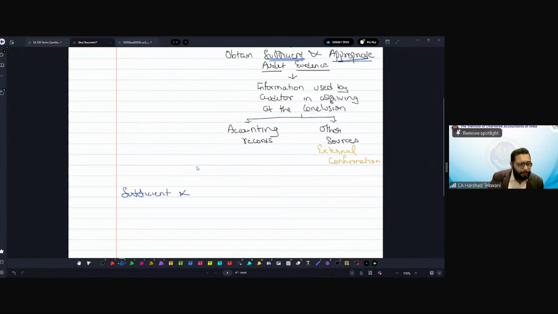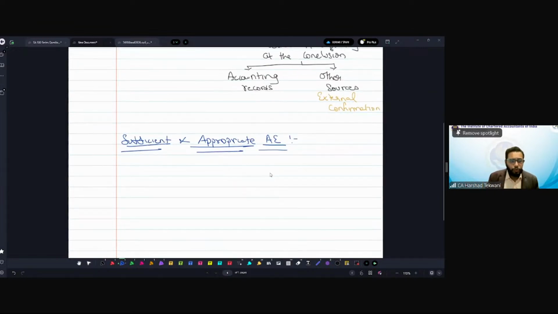By itself, I cannot call anything sufficient and appropriate till the time it satisfies certain criteria. For appropriateness, it has to be relevant and reliable with respect to the conclusion.